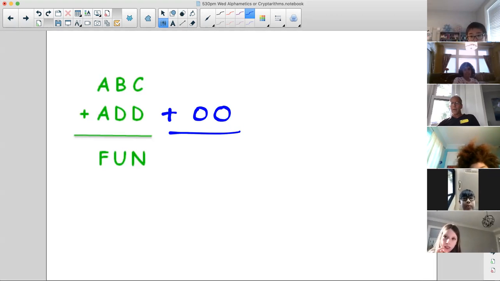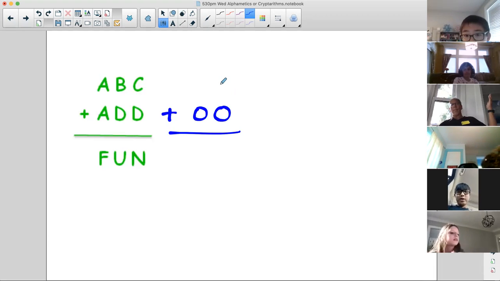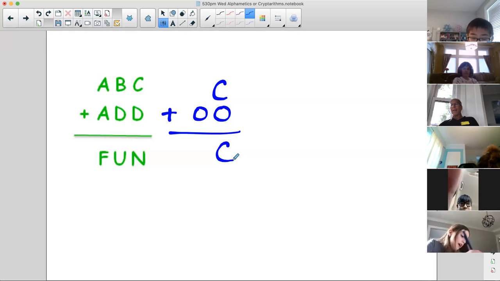Since this is an addition problem, the number plus 0 equals the same number, but it's different. So whatever C is going to have to be equal to D, and that does not work. Jesse, that is a great start. Everybody, D cannot be 0.